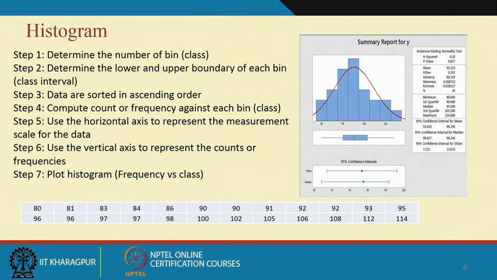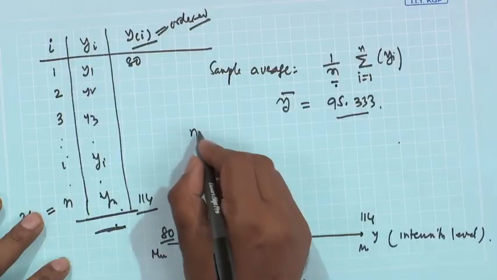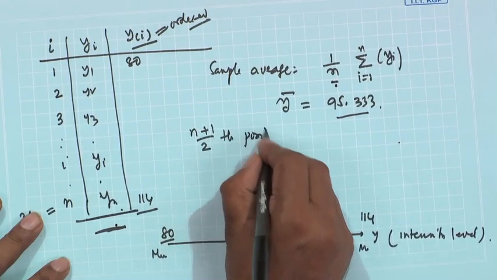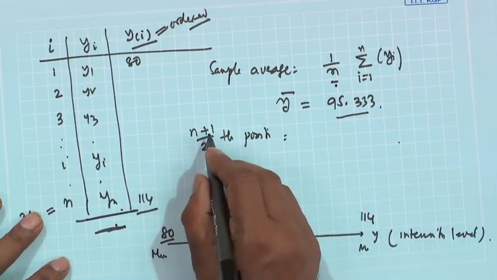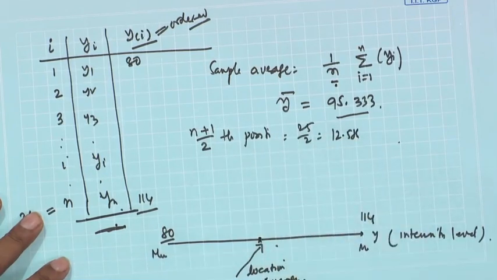So, what do you want to know? You want to divide it into two halves, 50% left and 50% right. So, what you do? First you find out n, then you find out the (n plus 1) by 2th position. As n equals 24, so 25 by 2 is 12.5 position.